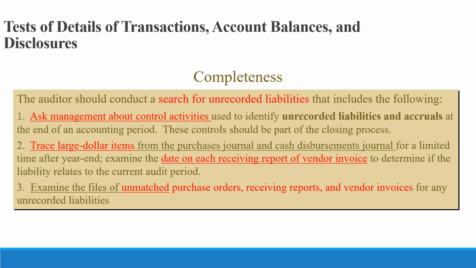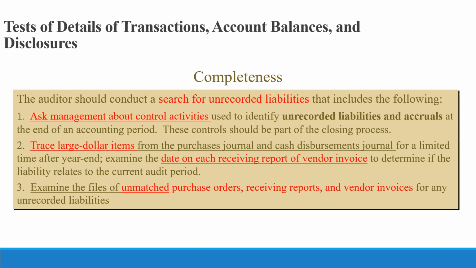Third one, you should also look out for the subsequent payment, because the subsequent payment will also indicate the previous purchases. So if you have the subsequent payment, but you couldn't find the matching purchase account, this would also indicate incompleteness, incomplete accounting records, right?